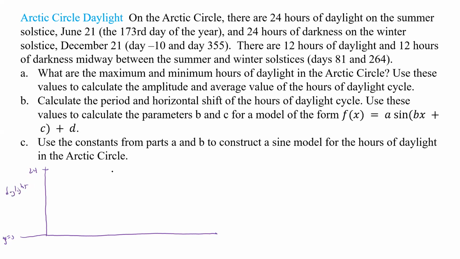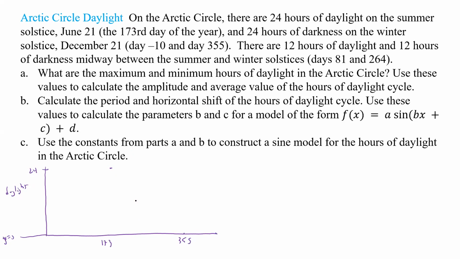And so we know somewhere down here on June 21st, the 173rd day of the year, we get 24 hours of light. And so then we know somewhere down over here, this is 173, and this is going to be day 355, that's going to be 0 hours of light.